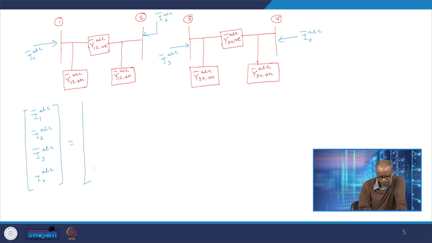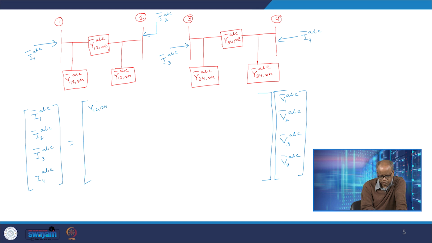This would be V1 ABC, V2 ABC, V3 ABC, V4 ABC, and the first entry would be Y1 to shunt ABC plus Y1 to series ABC.